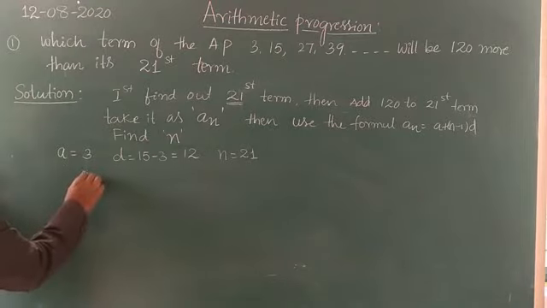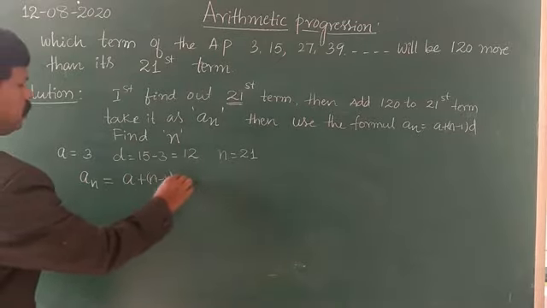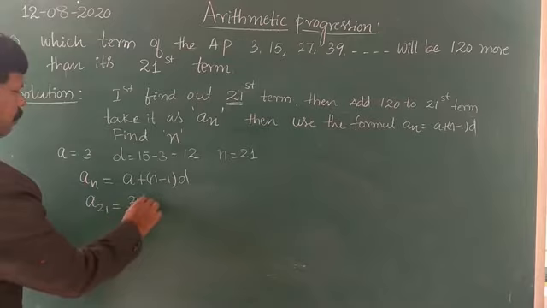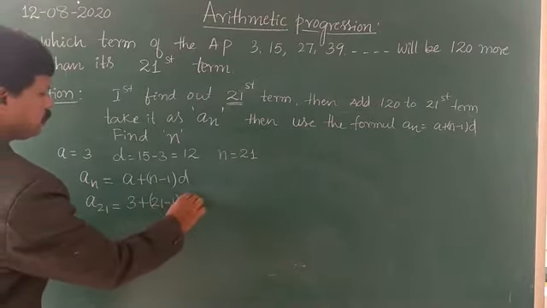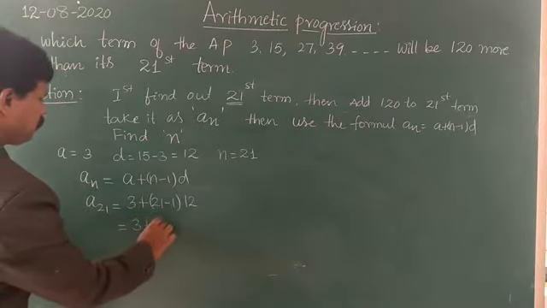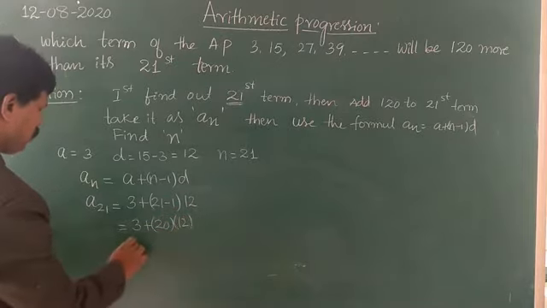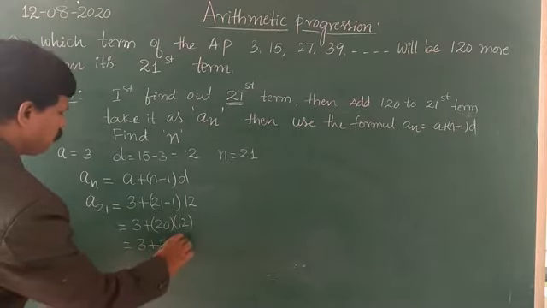Now, for what value of n are the nth terms of the following two APs the same? The a value is same and the d values are 3 and 1. They are given that the terms are same. So what you can do is equate these two: an is equal to An.